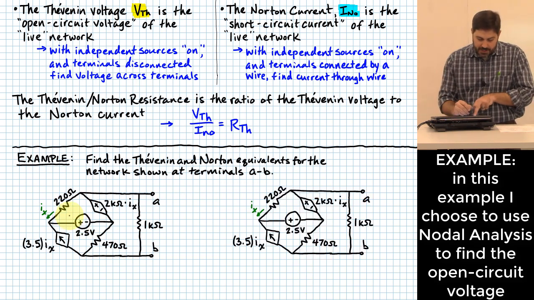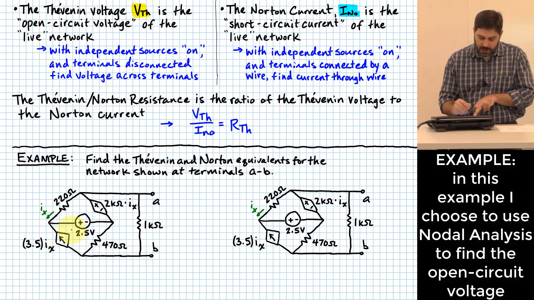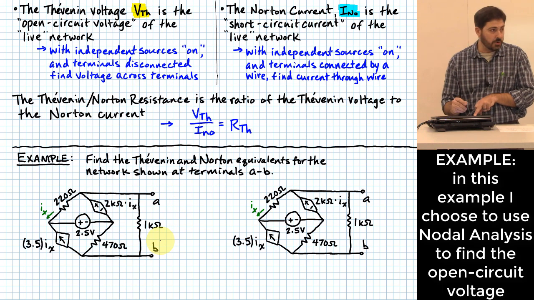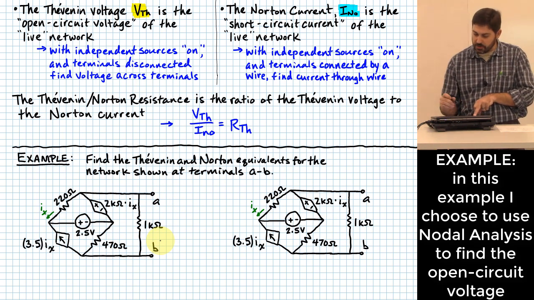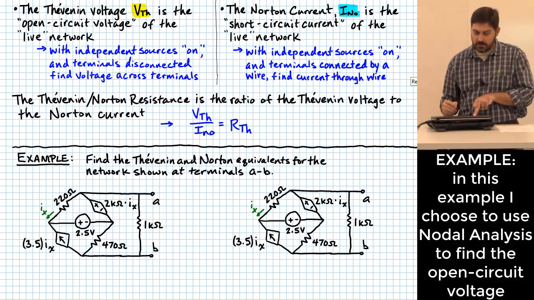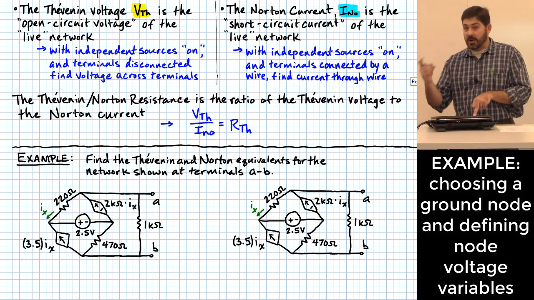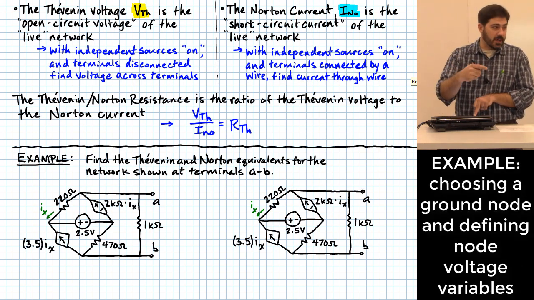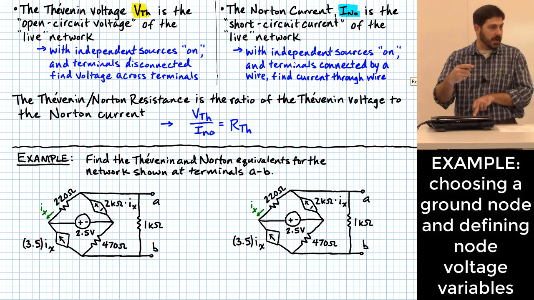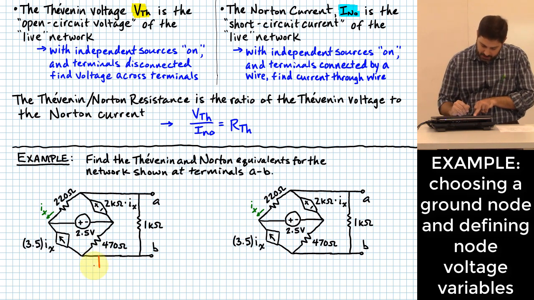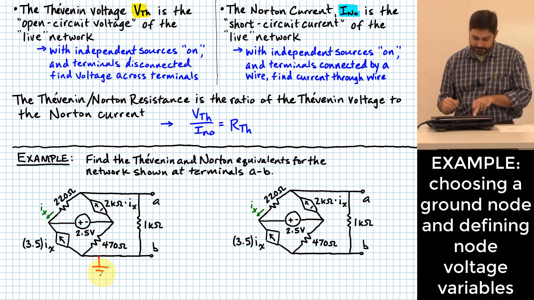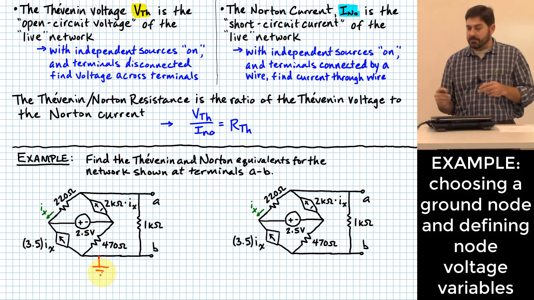All right, so what do I need to do to figure out my Thevenin voltage across terminals A, B, if I'm using nodal? Remember what our first step was with nodal? Define your nodes, which also includes defining a ground node, right? So let me call this down here my ground node. And what else?